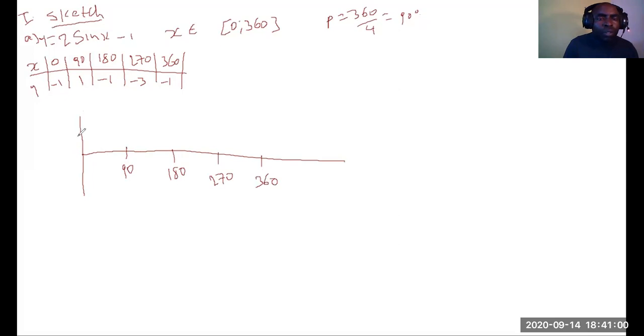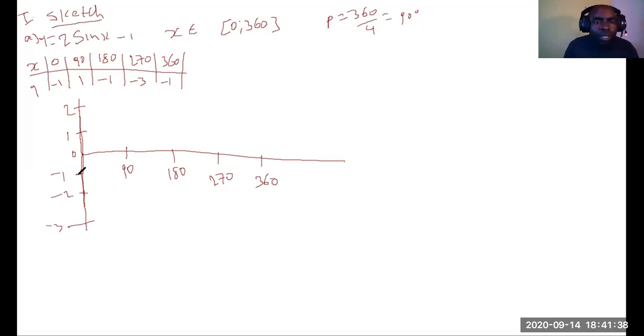Here we have got 1, 0, 2, minus 1, minus 2, and minus 3. Normally, if I look, our graph has been stretched 2 units and brought down by 1 unit.